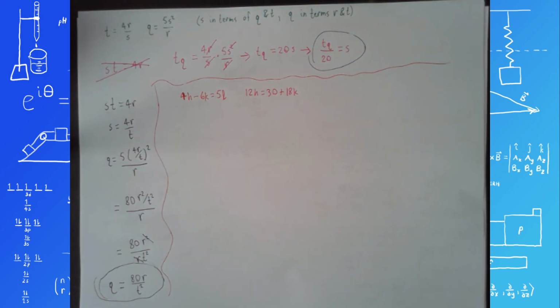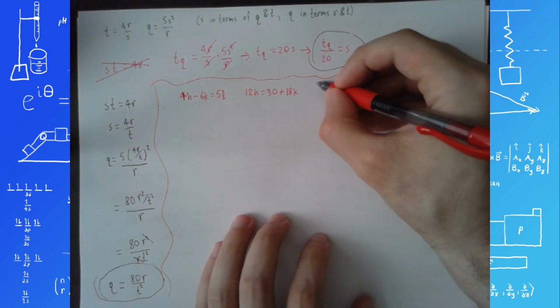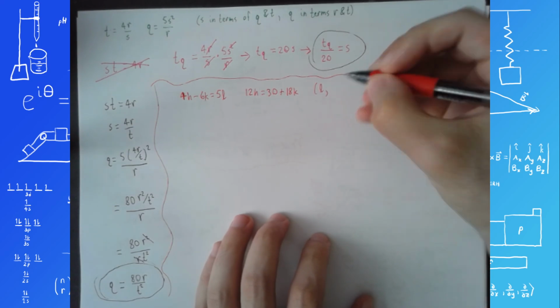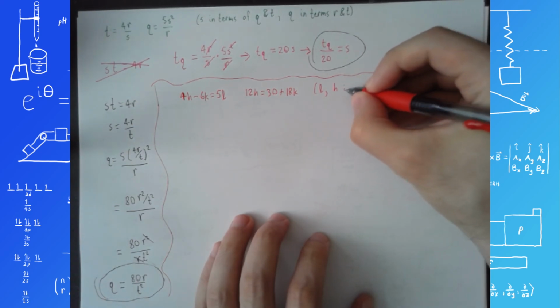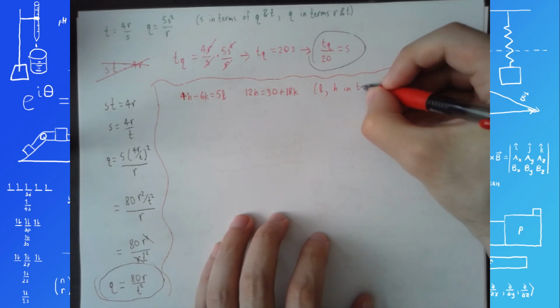That's given to us, and then it says solve for L, and then solve for h in terms of k and L. So we want L, and then we want h in terms of k and L.